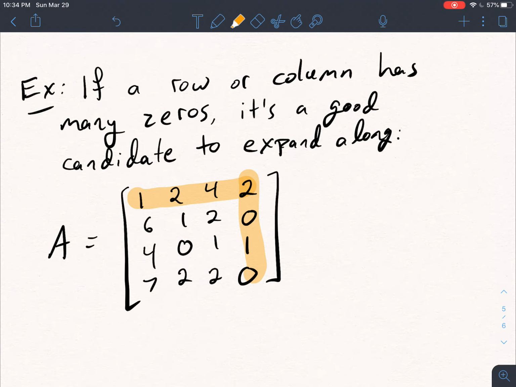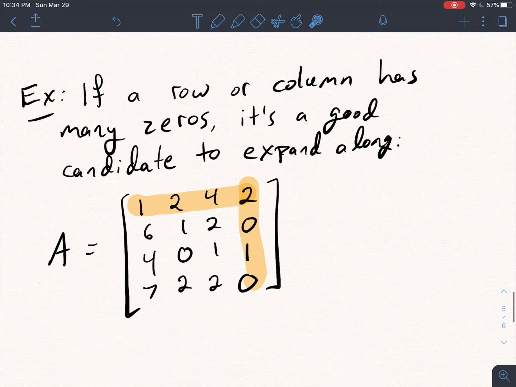And those cofactors are all going to involve determinants of 3 by 3 submatrices. And so you would have to do cofactor expansion on those to figure out those determinants as well. And that's 4 more things that you have to take determinants of, and that's a lot of things.